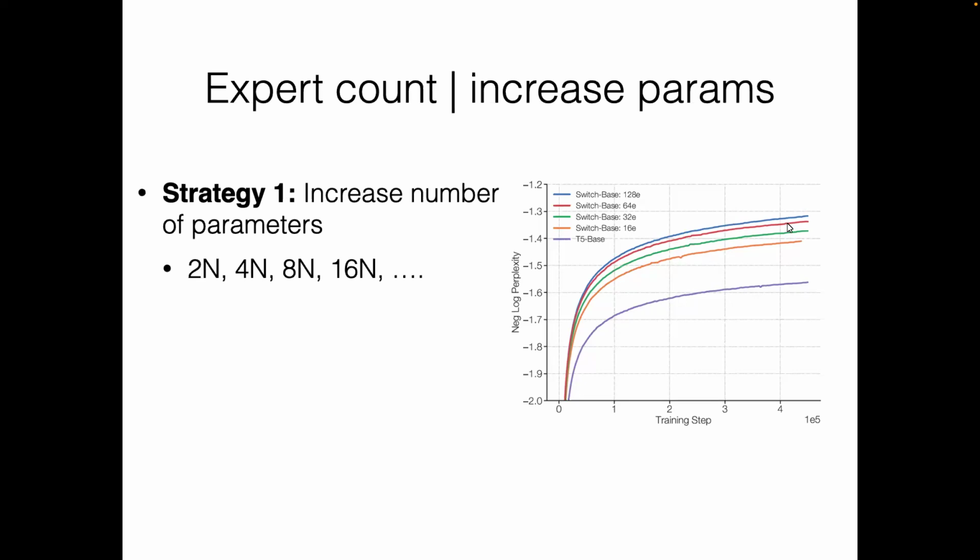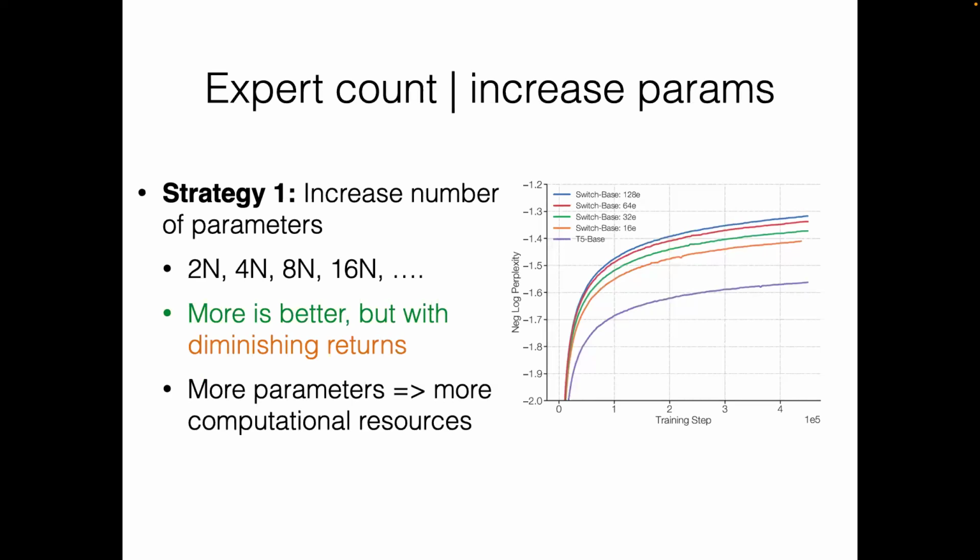In general, there are going to be diminishing returns. What you have to decide is, if you just keep adding parameters, you still have to use computational resources to manage the parameters. Let's say you have one expert on one device. Then you have to keep using more and more devices.